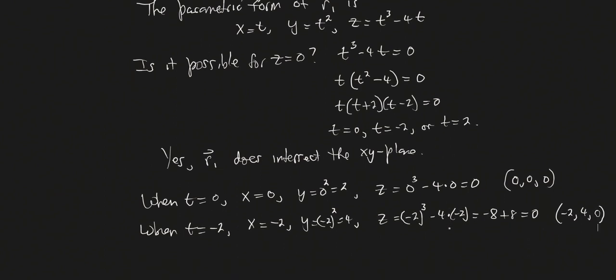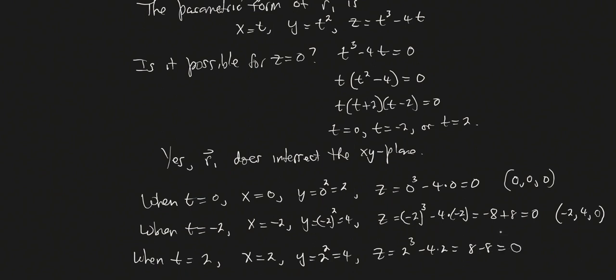And then let's see what happens when t is equal to positive 2. When t is equal to positive 2, x is equal to 2, and y is equal to 2 squared, which is also 4, and then z is equal to 2 cubed minus 4 times 2. So we have 8 minus 8, we have 0 again. And this makes sense, right? Why does this make sense? Because we found all the values of t that make z equal to 0.